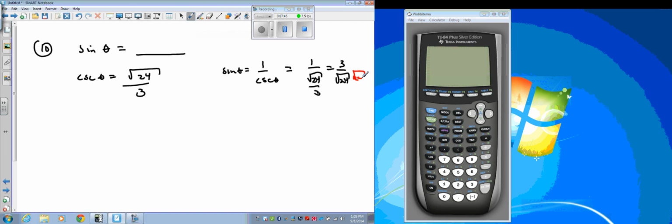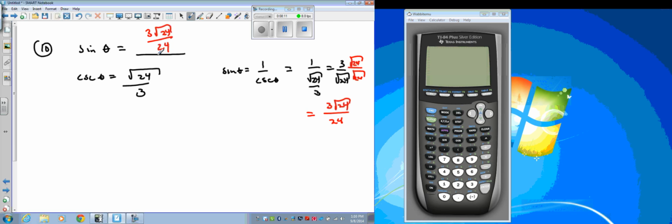Multiply square root of 24 times the denominator and square root of 24 times the numerator. This, what's in red, is 1, so we haven't changed anything. We're just getting the denominator to not be a radical. It's going to be 24, and the numerator is 3 times the square root of 24. So our answer is 3 square root of 24 over 24.